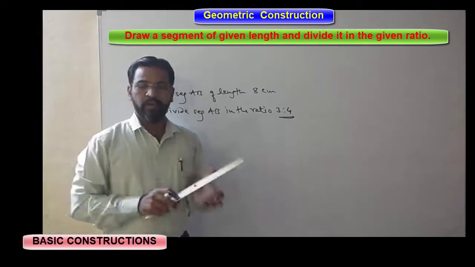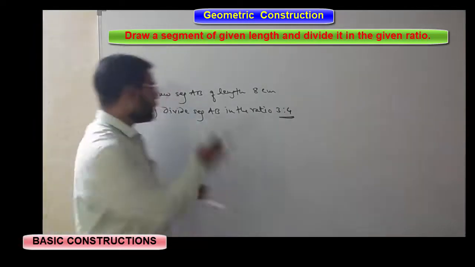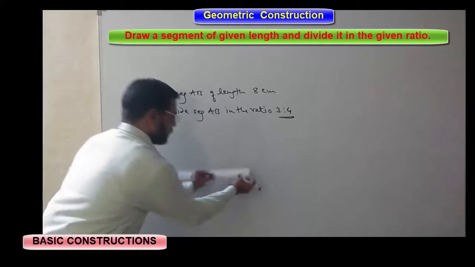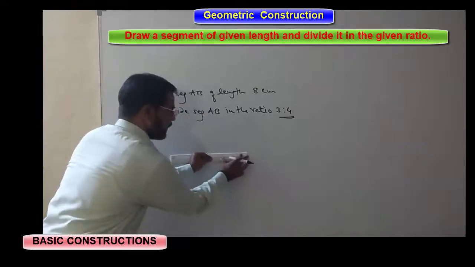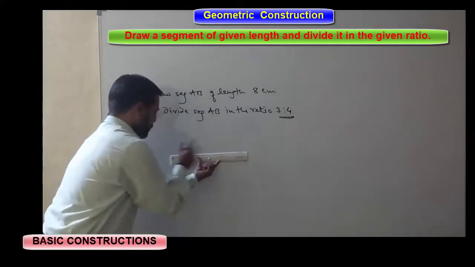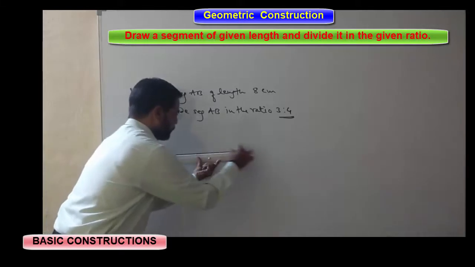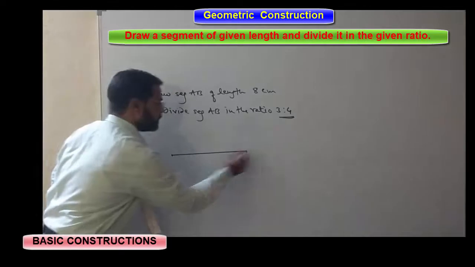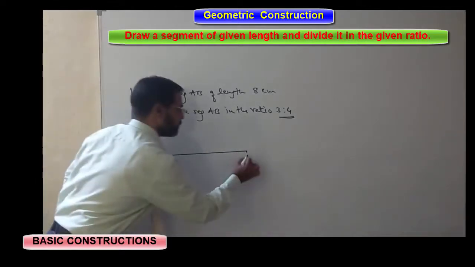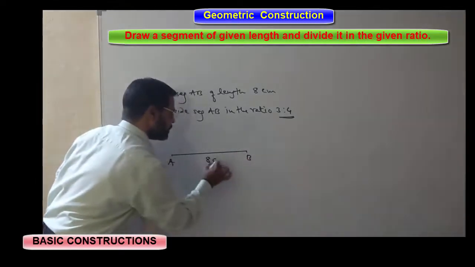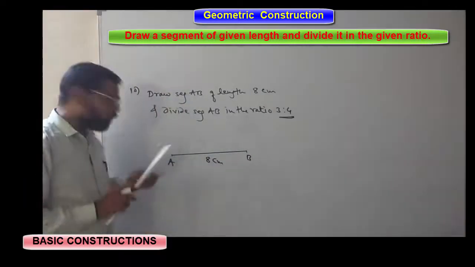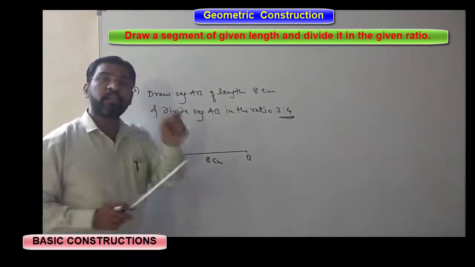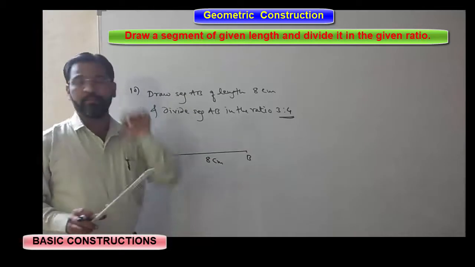See here, first I am going to draw the segment of length 8 centimeter. Just listen very carefully, friends. Suppose this is a segment of 8 centimeter distance here. This is seg AB, which is 8 centimeter, and now we want to divide this one in the ratio 3:4. That is very important.